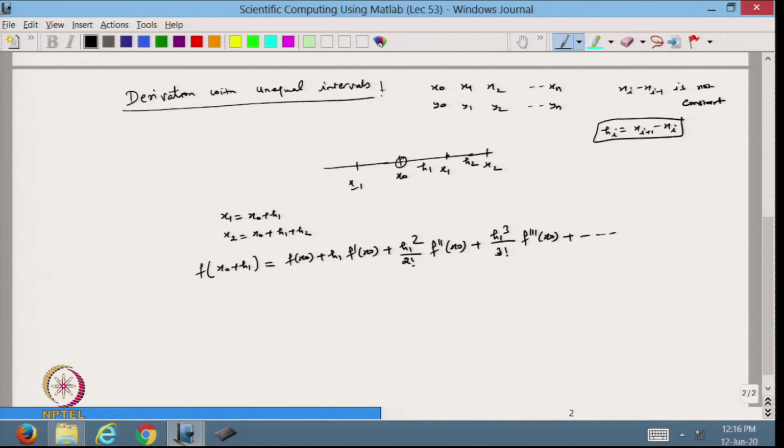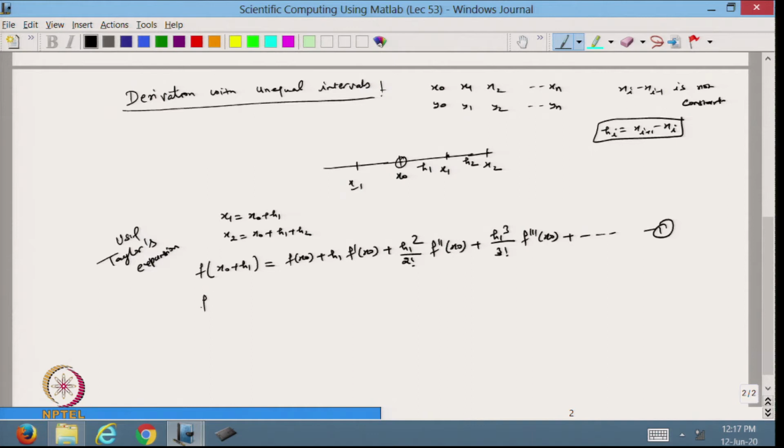This is equation number 1, and I am expanding with the help of Taylor expansion because I know the value of the function only at this point and this point. That is why I am finding the value at x0 plus h1 with the help of Taylor's expansion.